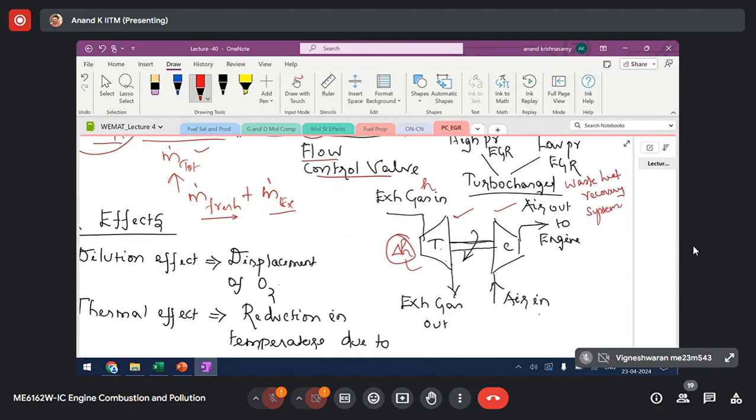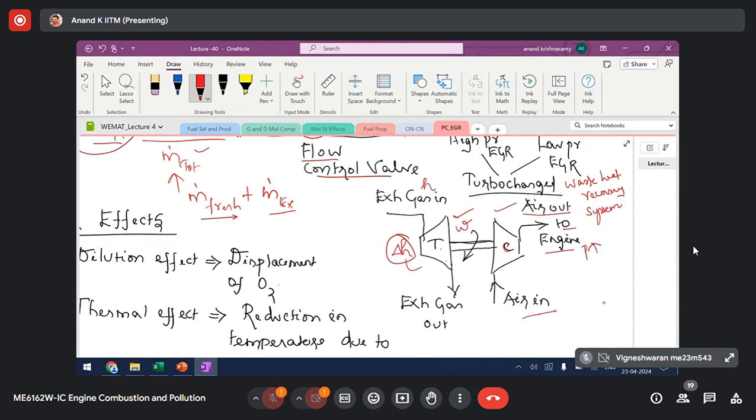So you are effectively utilizing the exhaust gas thermal energy by having a turbine extracting the work. Basically, this delta H is converted into W. W is equal to delta H in a turbine. So you are recovering work, and that work is used to run this compressor. And what is the function of the compressor? You have air at lower pressure entering, and the air is let out at a higher pressure, and this is entering the engine at a higher pressure.